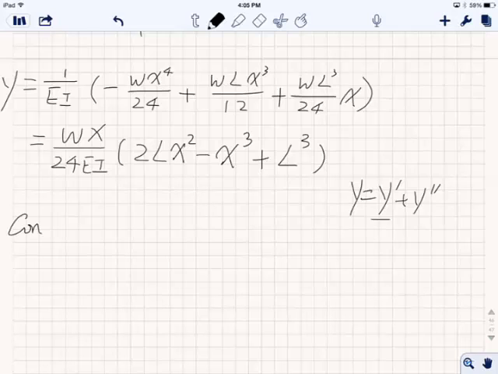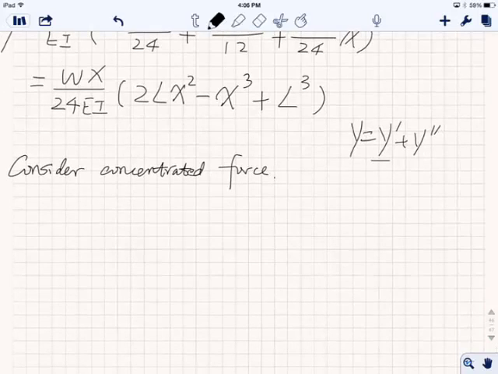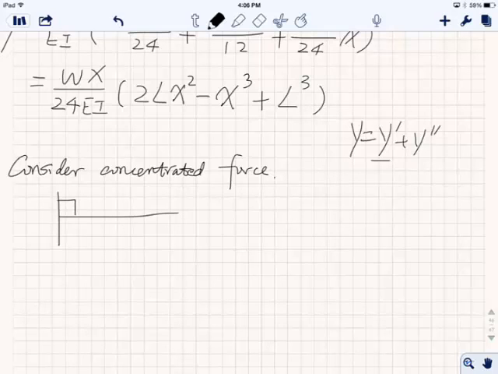So this is a very important example, okay? We'll be seeing it in the exam. We have a concentrated force. What we have is similar, right? Let me first give the overall picture of it. So you have the shear force that goes like this.